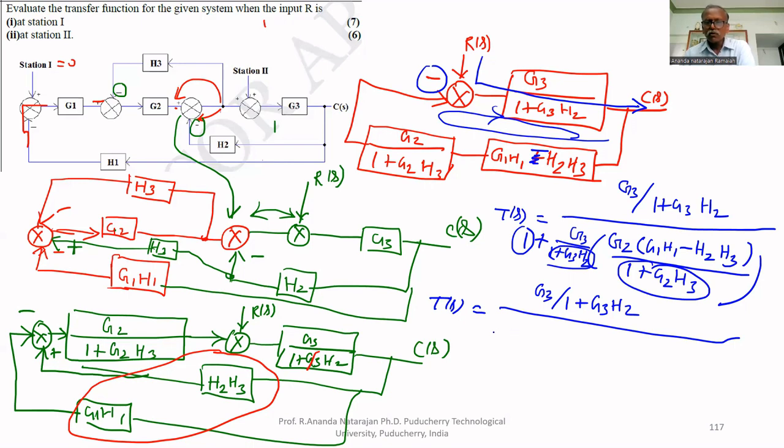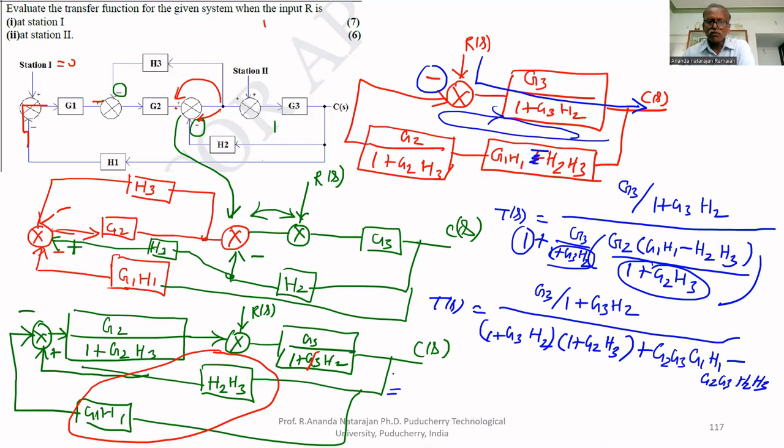Therefore, 1 plus G3H2 multiplied by 1 plus G2H3 plus, this will come, G2G3 into G1H1 minus G2G3H2H3.